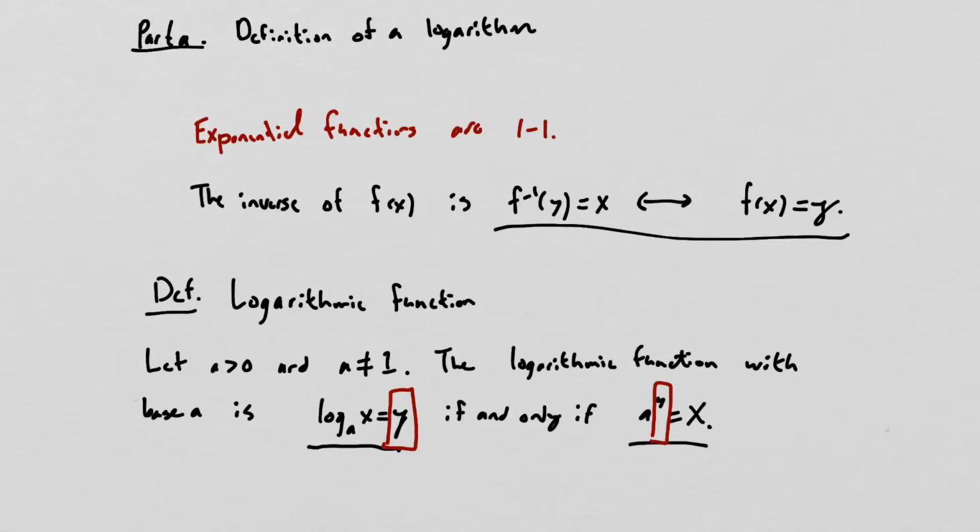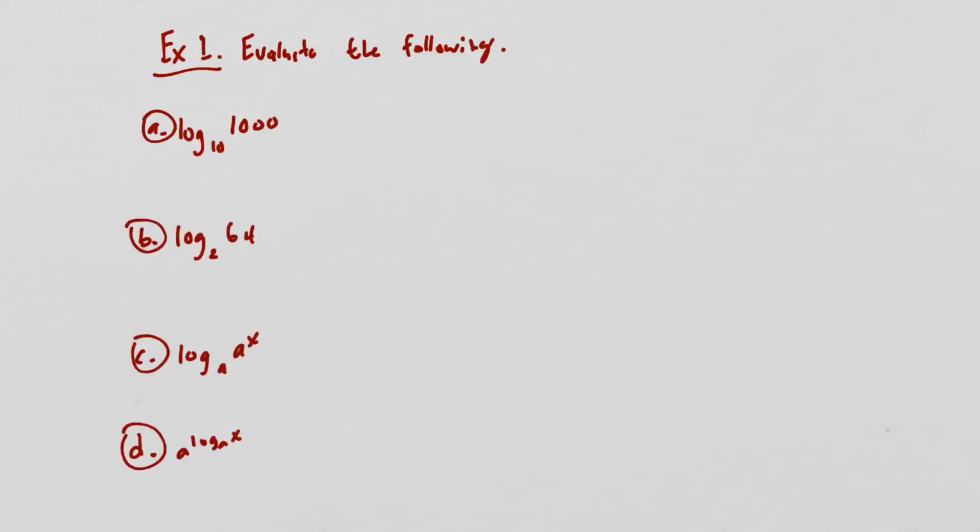Now let's look at an example where we evaluate a few different values into different log functions. We're going to evaluate the following. Let's start at part A. Part A, we are looking at the log base 10 of 1,000. To evaluate this, we can go ahead and write this as an equivalent exponential.